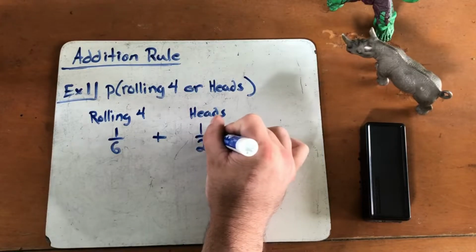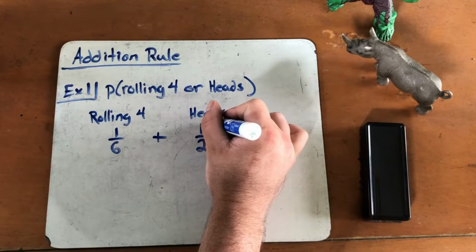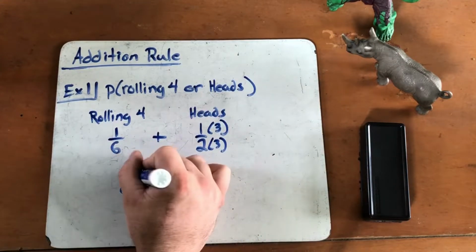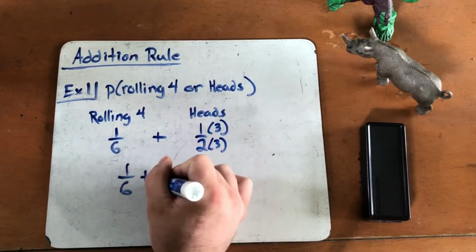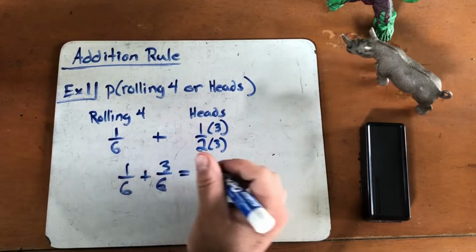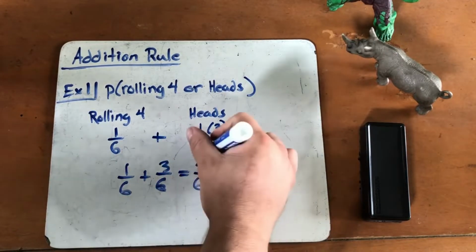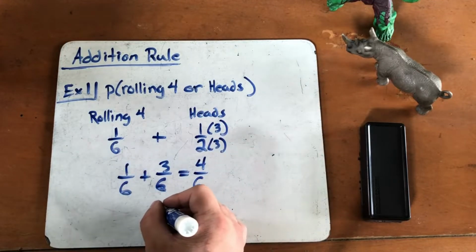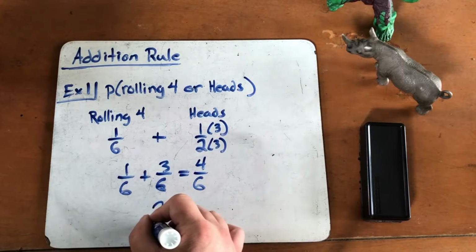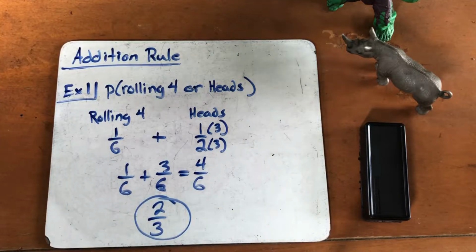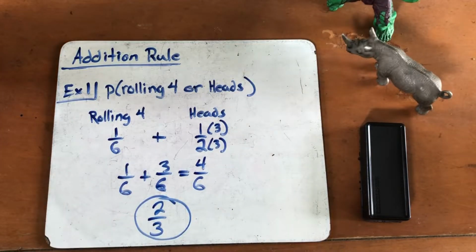So I'm going to multiply the bottom by 3, and whatever I do to the bottom, I have to do to the top, which now gives me a common denominator and lets me add my probability. So 1/6 plus 3/6 is 4/6. This reduces, so I end up with a probability of 2/3. I have a probability of 2/3 of either rolling a 4 or flipping a coin and having it land on heads.